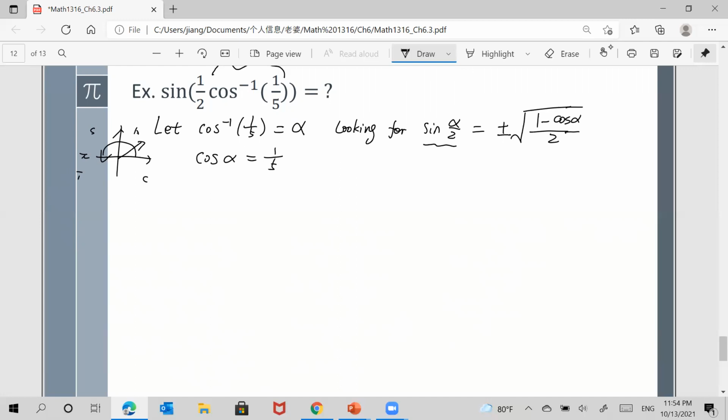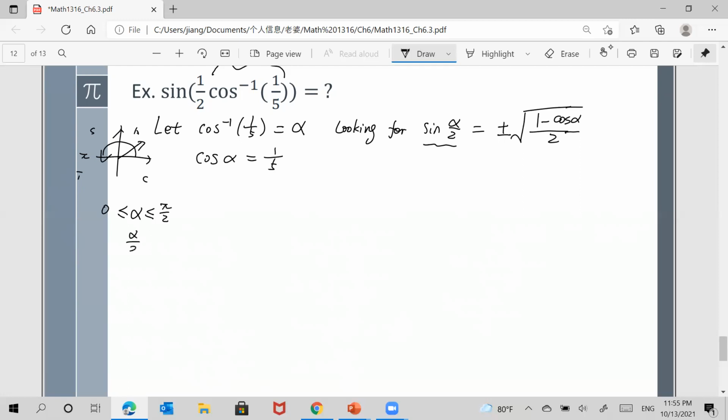So alpha is between 0 and pi over 2, in the first quadrant, because the trig functions of alpha are positive.